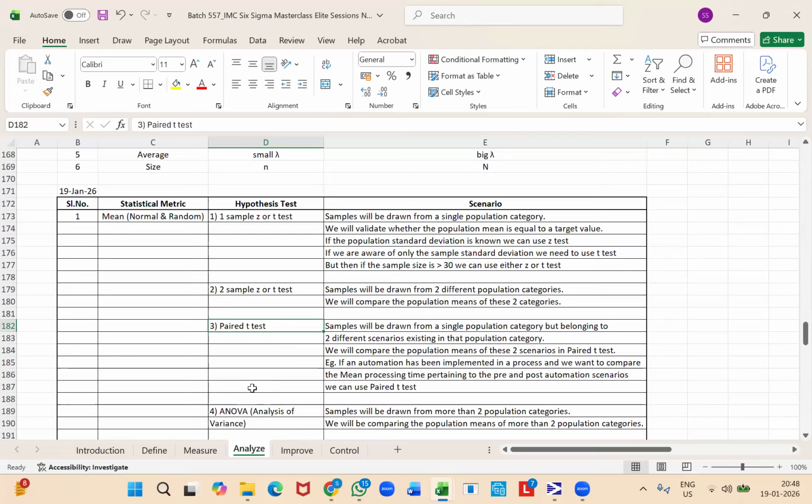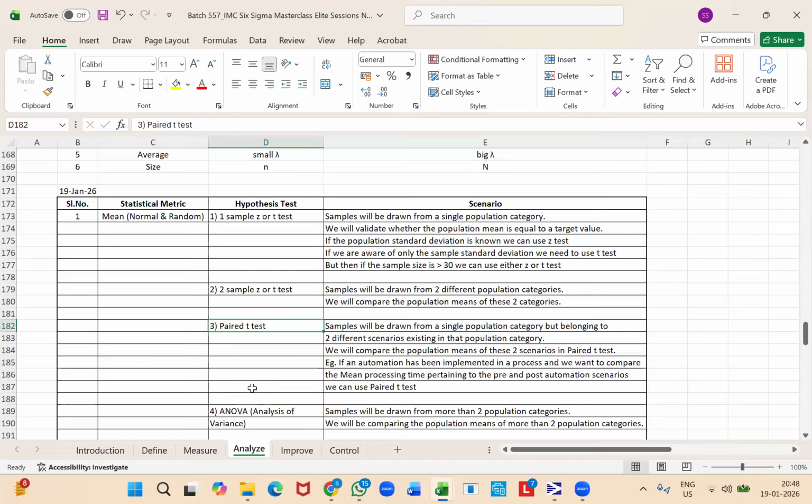What will you do? You will consider some metric and compare the metric performance in the pre-automation scenario versus the post-automation scenario. Suppose you want to compare processing time as a metric. We will have the mean processing time pertaining to the pre-automation scenario and the mean processing time pertaining to the post-automation scenario, and we will compare these two.